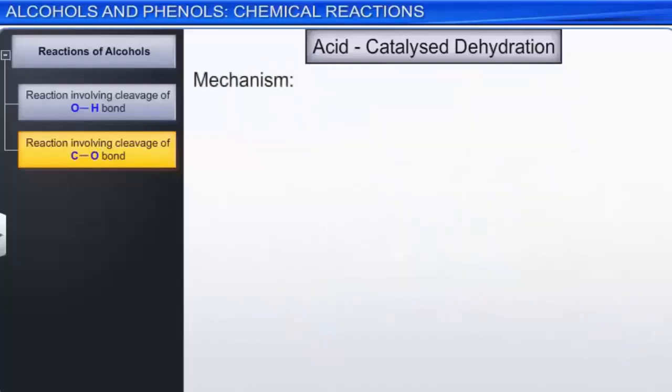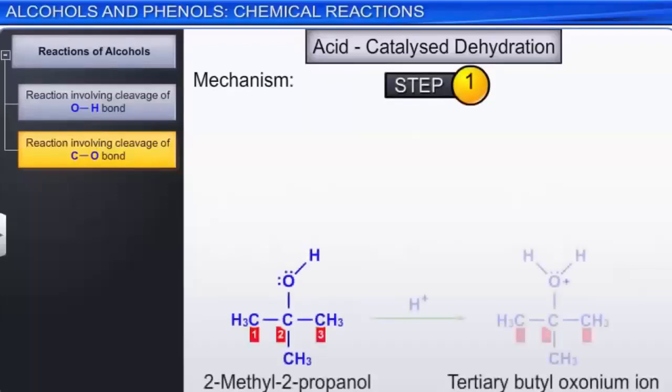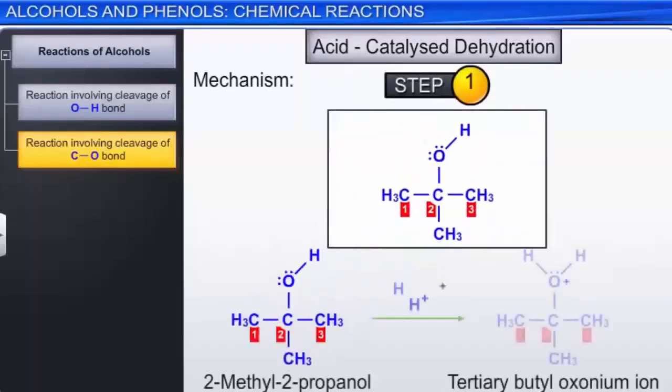It is very important to understand the mechanism involved in acid-catalyzed dehydration of alcohols. The proposed mechanism takes place in 3 steps. Step 1 involves the formation of a protonated alcohol, or an alkyl oxonium ion, called tertiary butyl oxonium ion.